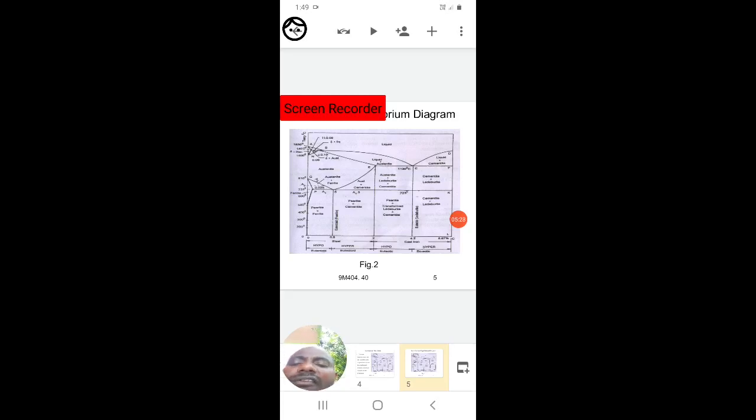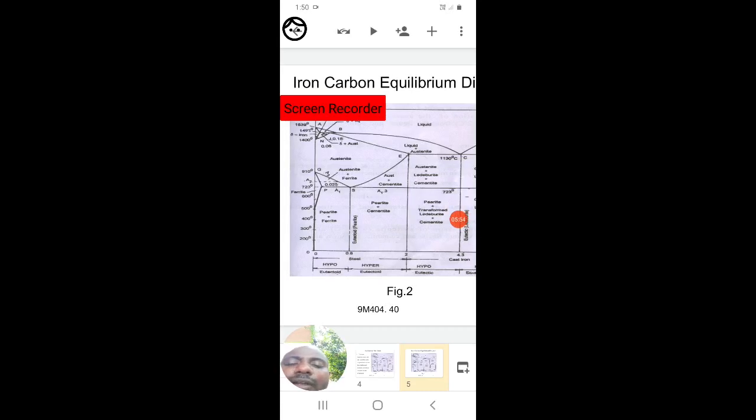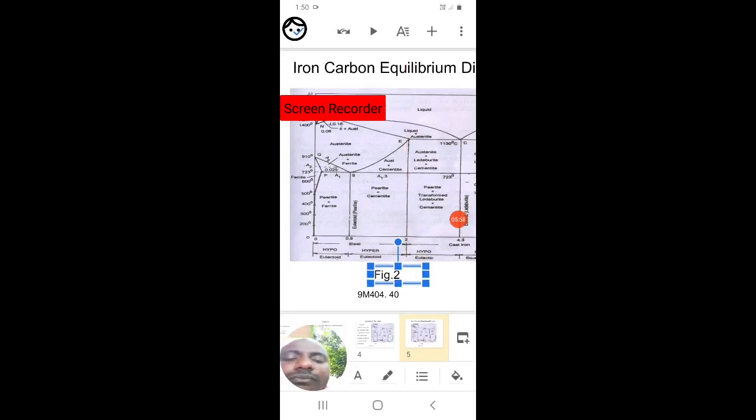These are the main classifications of composition. In the last class we saw the critical temperature lines. PS is the A1, the lower critical temperature line for hypoeutectoid steel, and A3 is the upper critical temperature, that is GS, the upper critical temperature line for hypoeutectoid steel.